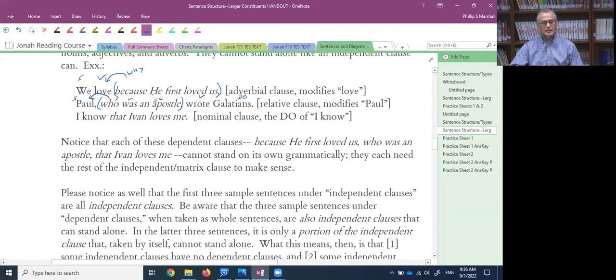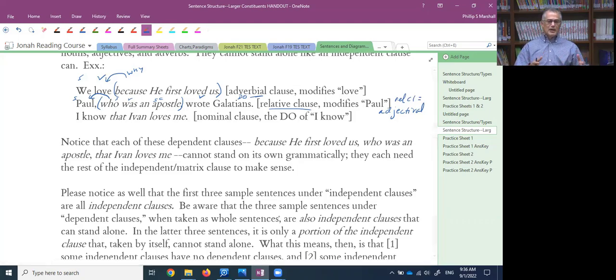So the first embedded clause is adverbial. The second embedded clause is what we call a relative clause. And you guys know about relative clauses. And I told you a long time ago, relative clauses are adjectival because they're describing a noun.